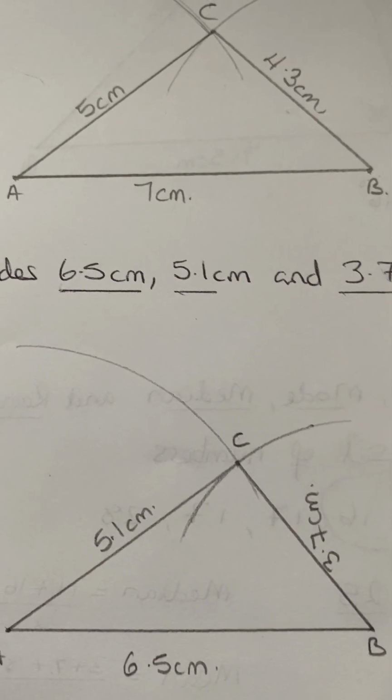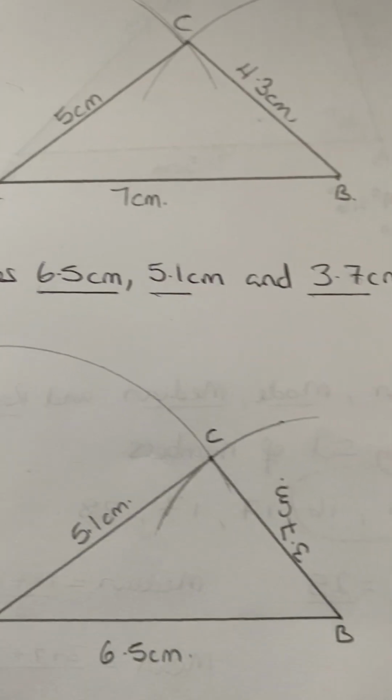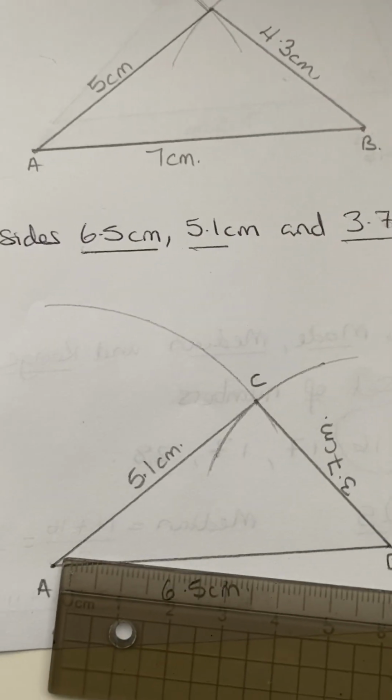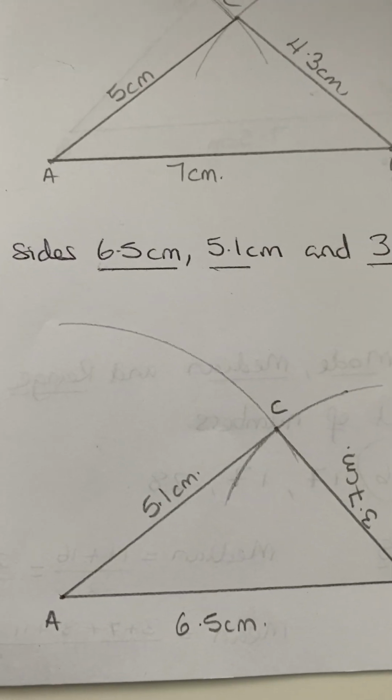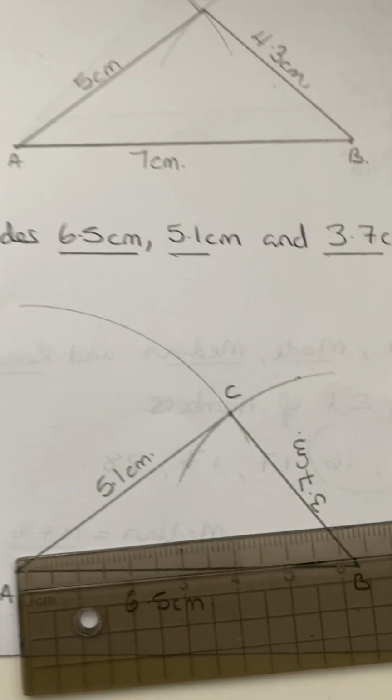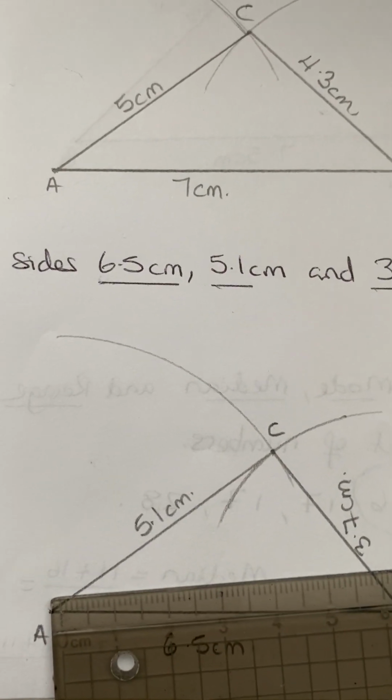Now, again, I'll draw the longer line first. Okay, even if you draw the other lines first, you still get the triangle. It's just that it will be in a different form, and you still get the marks.